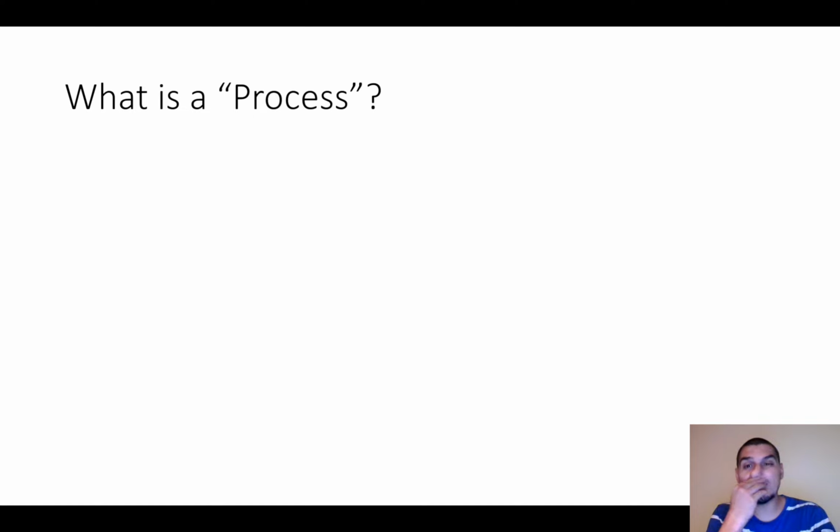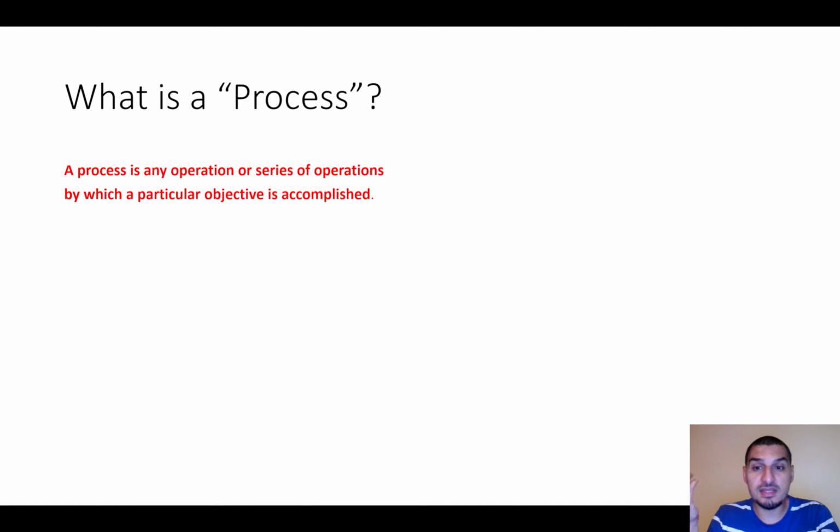So a process is defined as an operation or series of operations that accomplish a particular objective. So you have something that you want to produce, and you create a process, or a process consists of many steps, that aims at achieving or accomplishing this objective.